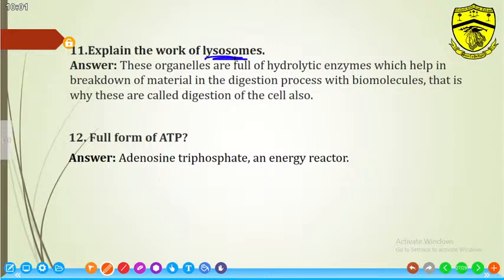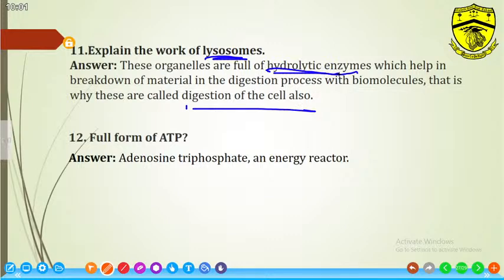We call it the suicide bag. These organelles are full of hydrolytic enzymes which help in the breakdown of material in the digestion process with biomolecules. That is why they are also called the digestion house of cells. So the lysosome contains hydrolytic enzymes. Yeah, you got it.